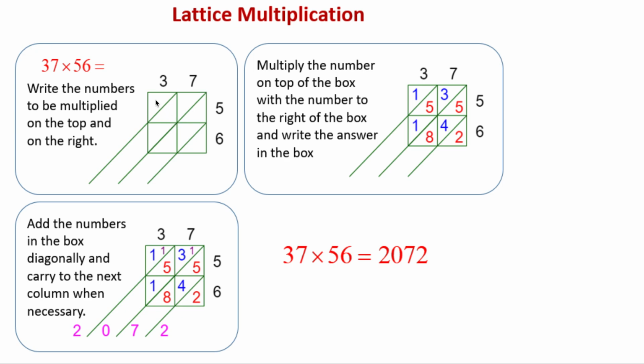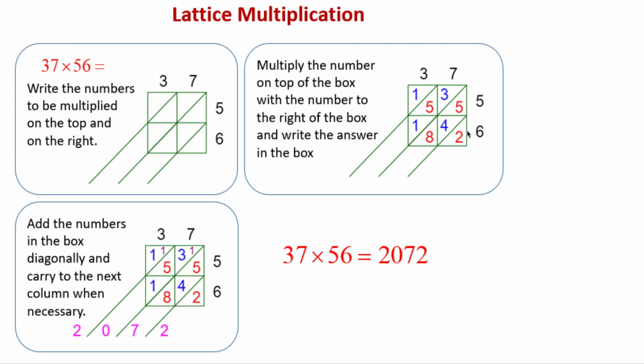So you just need 2 digits, tens digit and ones digit. How about here? This square, you have a 7 and 5 crossing there. 7 times 5 is 35. So write 3 above, 5 below. This is what I did, right? 35. And this square, 3 times 6, 18. 7 times 6, 42. Okay?